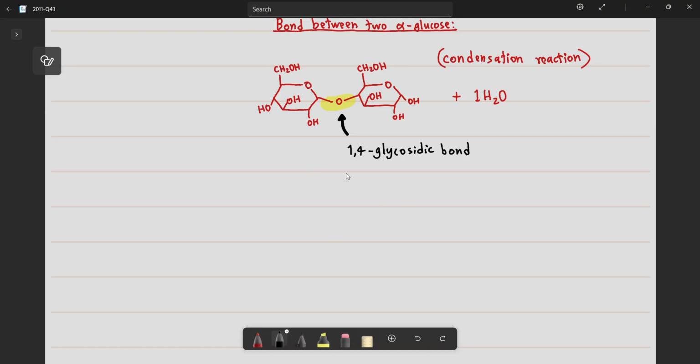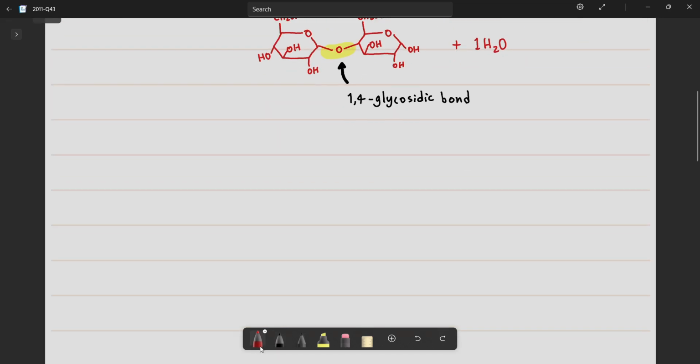It's going to have a total of 4 glycosidic bonds. So this is for 5 glucose monomers bonded. Okay, so this is where it's a polysaccharide.